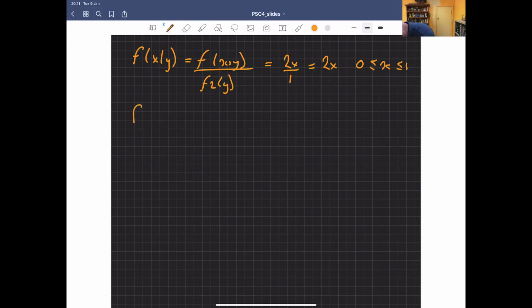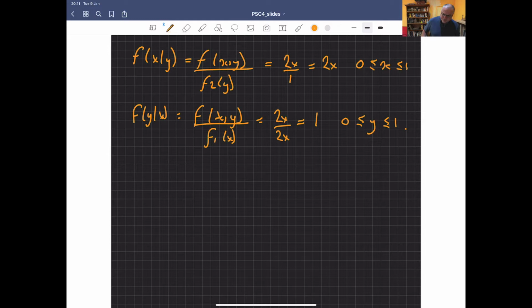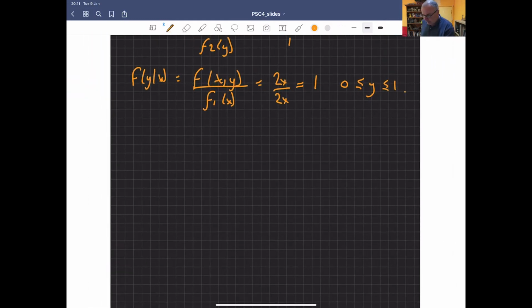What about f(y | x)? Well, that's also f(x, y), over this time f1(x), the marginal of x, which is 2x over 2x, which equals 1, for y between 0 and 1. Okay, nice and easy.